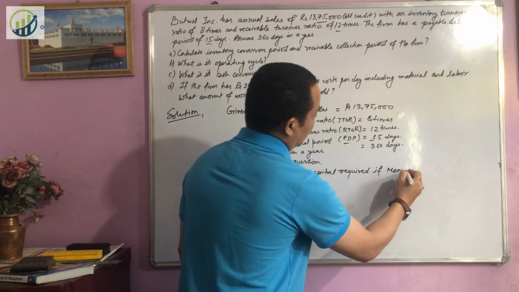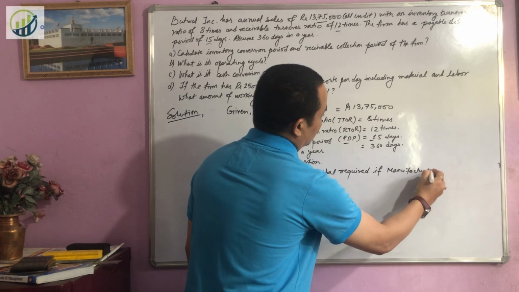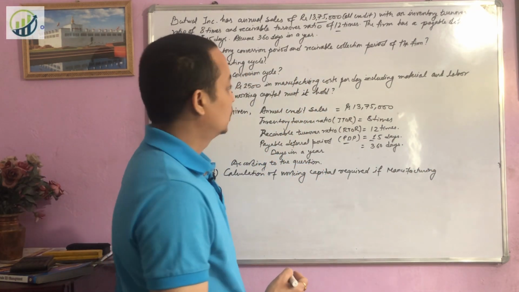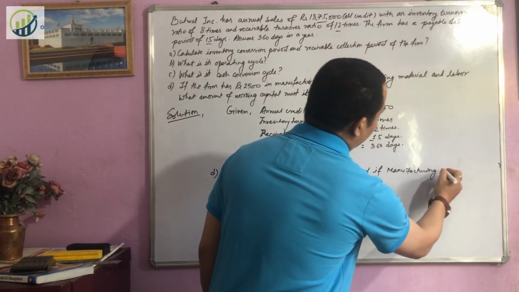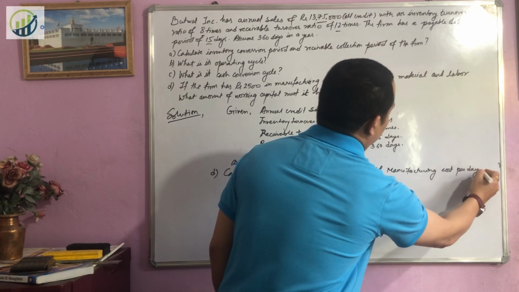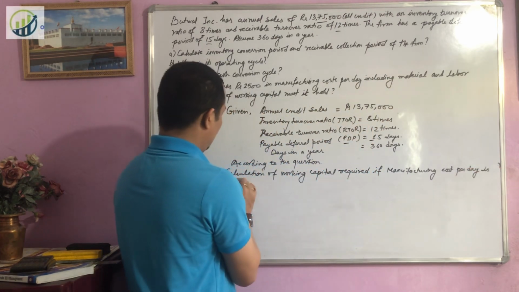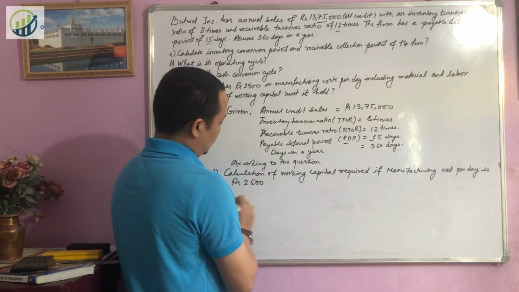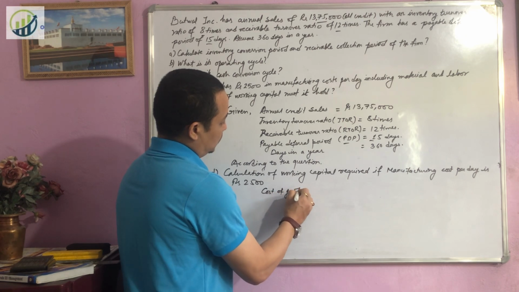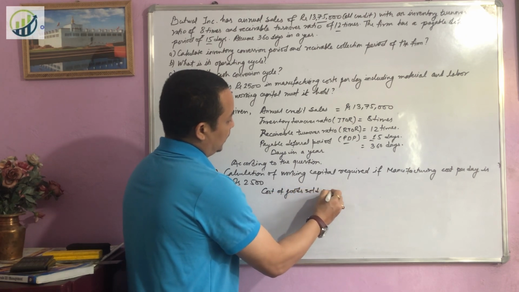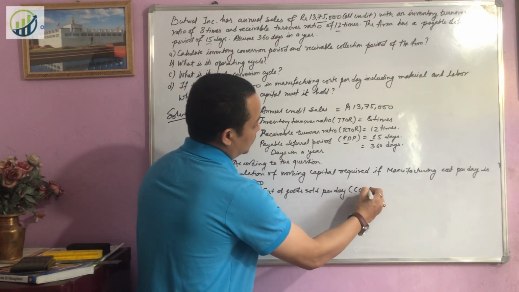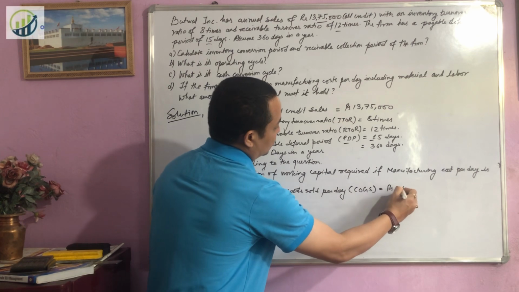Manufacturing cost, you can also say this as cost of goods sold. Manufacturing cost per day means cost of goods sold per day, that is COGS, that is your rupees 2,500.